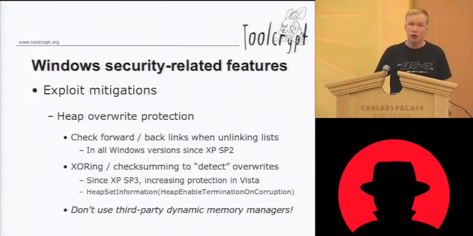And of course, don't use your own malloc. Don't use your own heap handler, because you won't be protected by these exploit mitigations in the default Windows heap handler. So, for example, Adobe got bitten by this in Flash, I believe.